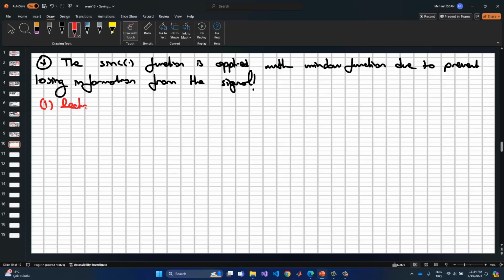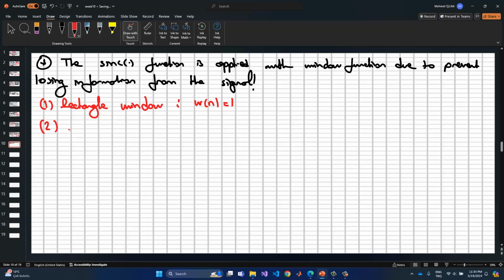Firstly, the ideal signal is represented with a rectangular window here, which means that w[n] is equal to 1, and n can be chosen from -5 to 5. Okay.